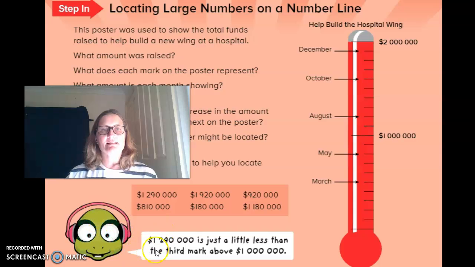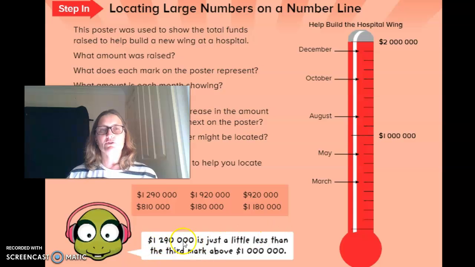And our little frog friend says 1,290,000 is just a little less than a third mark above 1 million. Okay, because not all of these points are going to have an actual line, are they? But if we know what the main points are, then we can say, well, it's going to be approximately in that spot.